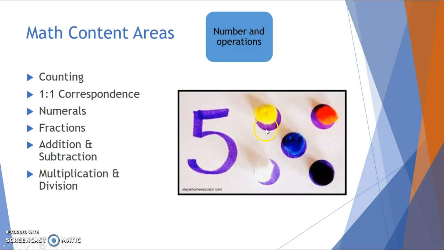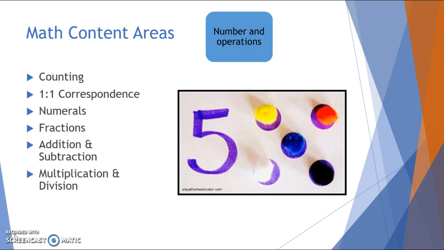So you can see that by placing 1 pom-pom on each of the purple dots, I'm doing some one-to-one correspondence there. You can also notice that the number 5 is written, so I'm representing that numeral. By seeing the numeral next to those 5 pom-pom balls, I can see that this quantity is represented by some code, and that code is numerals. We humans have made this code to represent quantity.